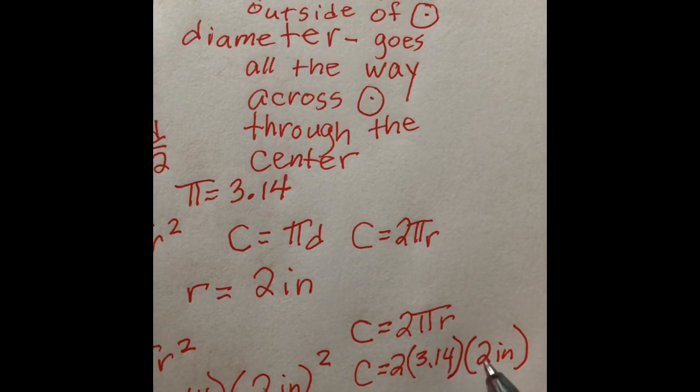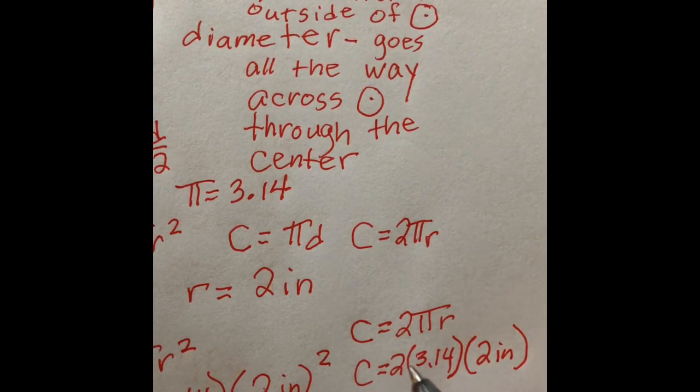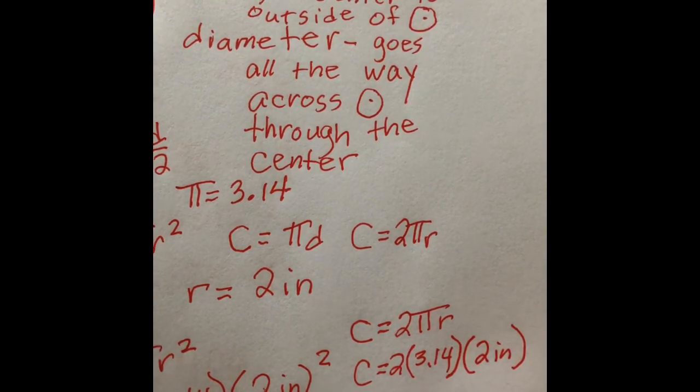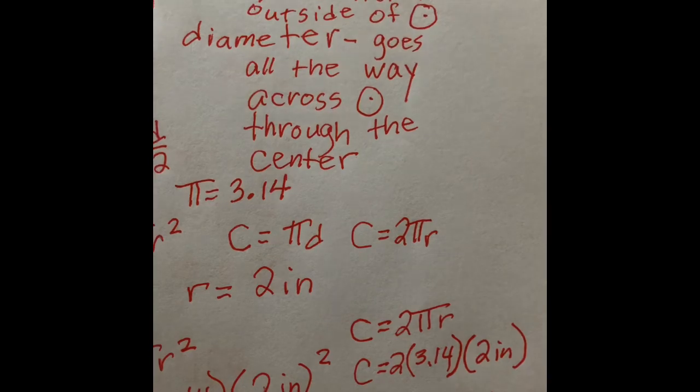Now, sometimes I see people square this. This one is not squared, but it is 2 times 2 here. So I usually multiply my whole numbers and then multiply by the decimal because it just makes it easier. Now my circumference, I actually come up with the same number, 12.56, except these are inches, not square inches.